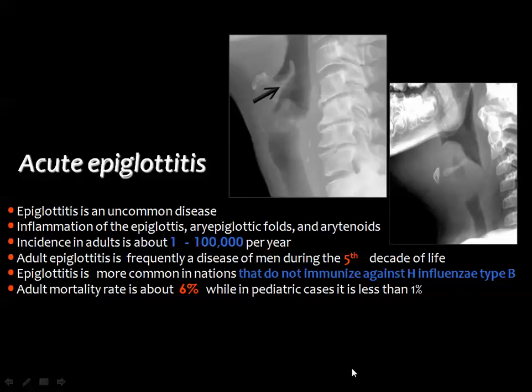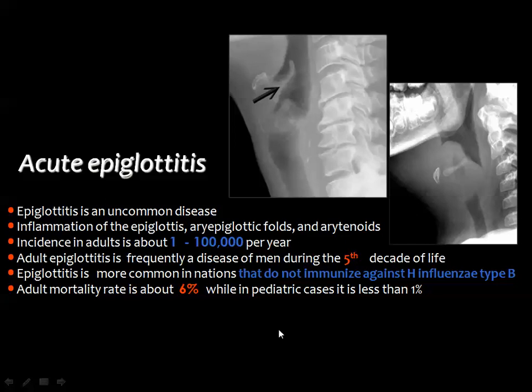And one of the inflammatory lesions in the neck is acute epiglottitis, which is considered uncommon, and the incidence is about 1 per 100,000 per year. Epiglottitis is a disease of adults in most of the cases, and it presents usually in the fifth decade.